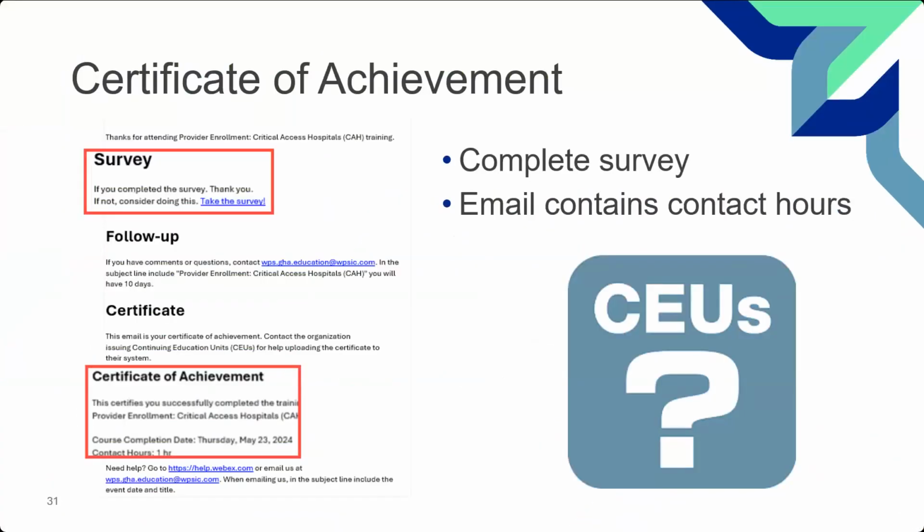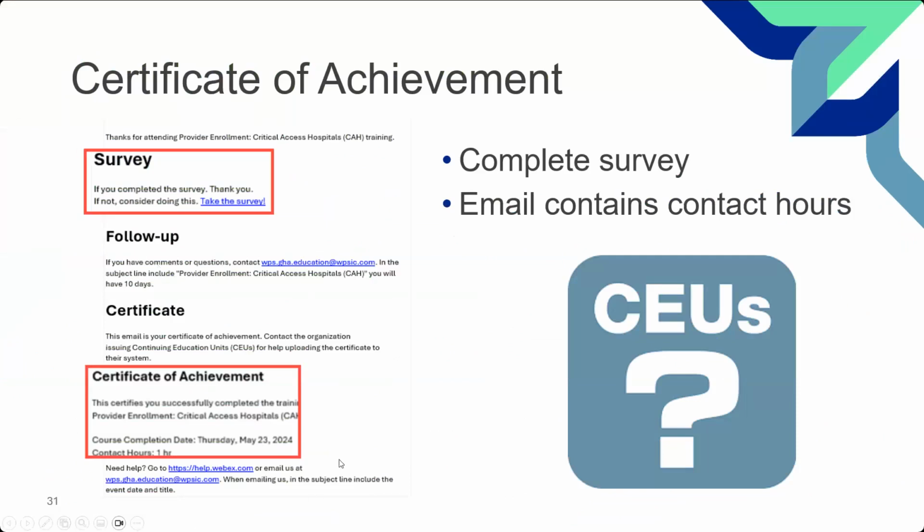And the first thing is that in a few minutes, within the next 15 or 20 minutes, you're going to receive an email to thank you for attending. I just want to make you aware of it, because if it goes to your junk or your spam folder, and you need contact hours for continuing education units, this email is actually going to have that for you.